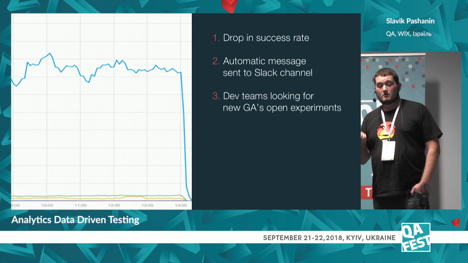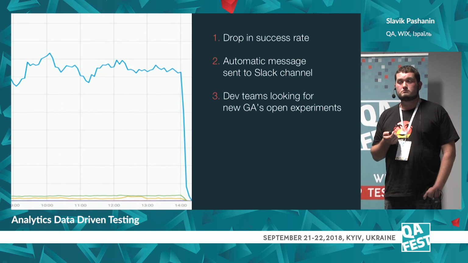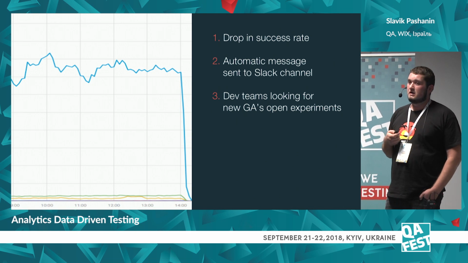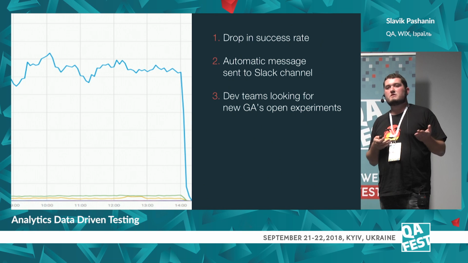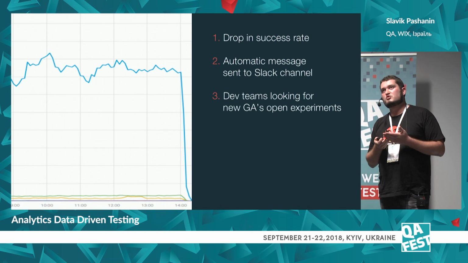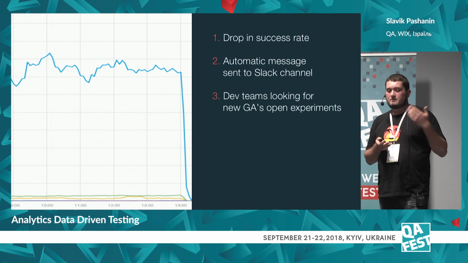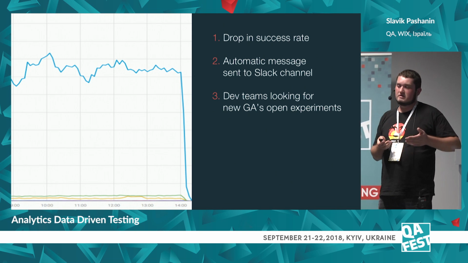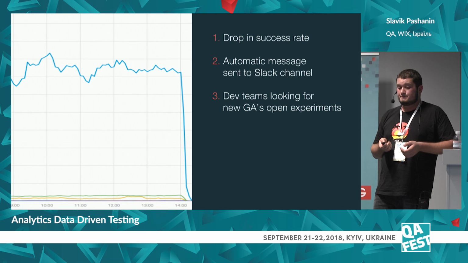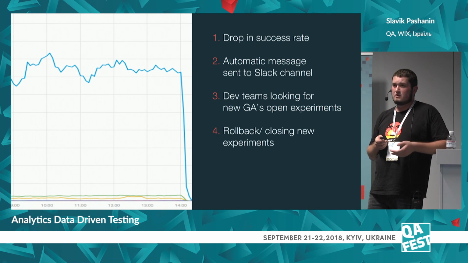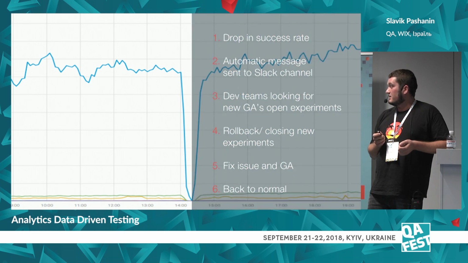The dev teams automatically start to look at our apps to see what went wrong, whether somebody pushed code to production or a new experiment was opened. We commit a rollback or close the new feature, fix it, and get back to normal.